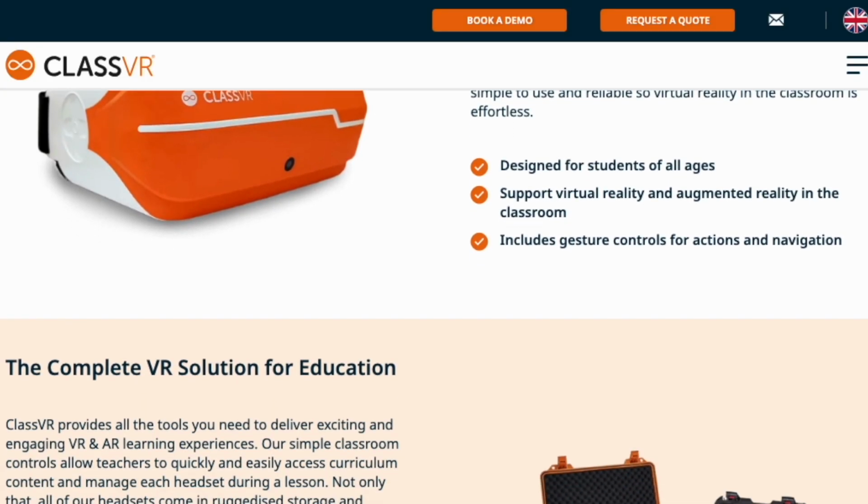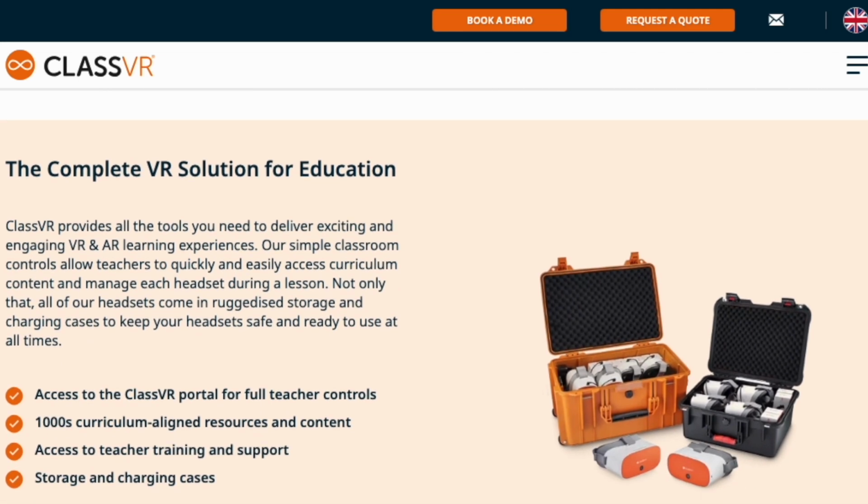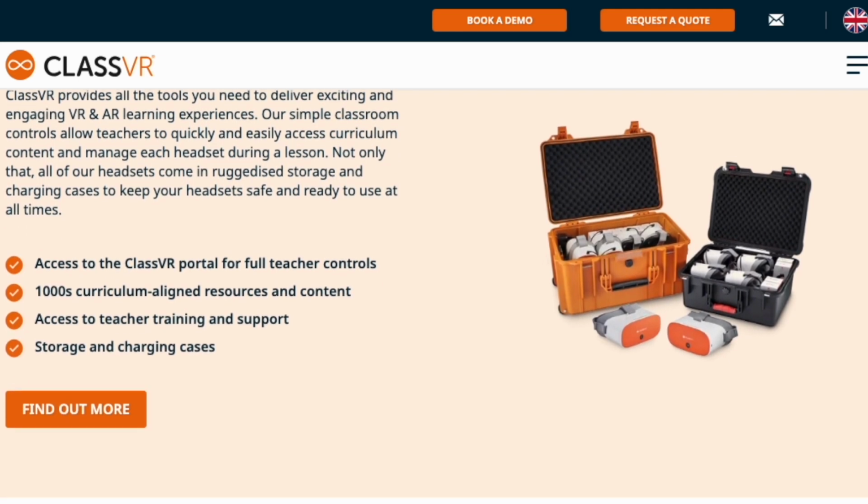The headsets that I used to deliver the films and the training are these Class VR 64GB premium headsets. They're excellent headsets. They provide a really good immersive experience. The image quality is great and the audio is very good as well. And it's really quite easy to get the films onto these headsets.